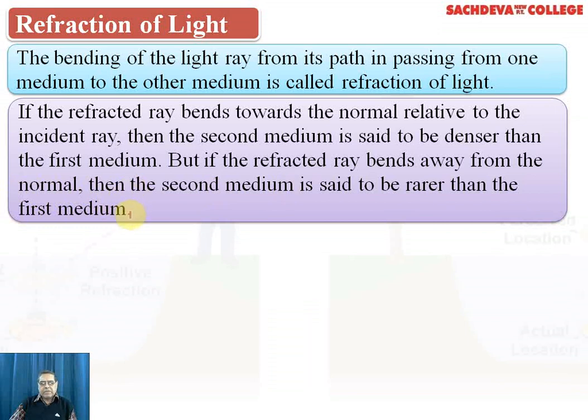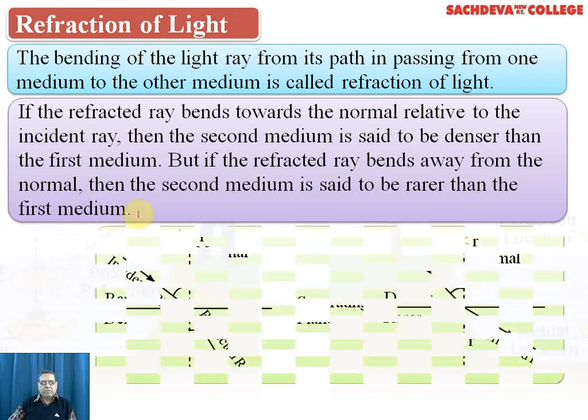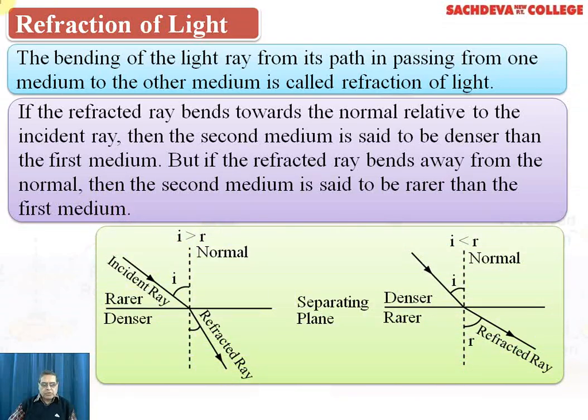This is what I have suggested earlier. In the context I have spoken, the rays of light always bend either away from normal or towards the normal. So rarer to denser means bending towards the normal, and from denser to rarer, the bending is away from the normal. Now the two figures are shown here.